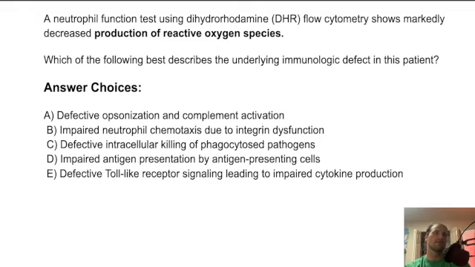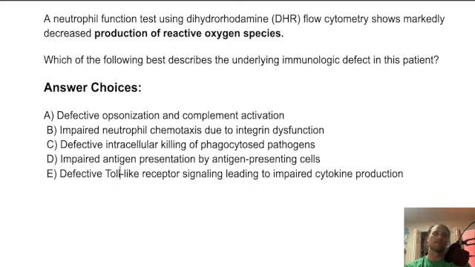It's not impaired. How about antigen presentation? That'd be in major histocompatibility complex II deficiency, which would cause recurrent viral, fungal, and bacterial infections due to defective CD4 T cell activation. And so this is going to be a neutrophil problem, not a T cell problem, because it's bacteria.